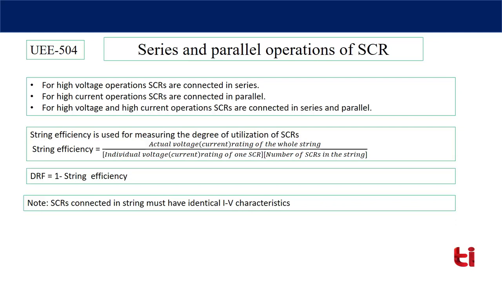That means if you want to increase the reliability of the series or parallel operation of SCRs, then full utilization of the rating of the SCRs will be reduced. That means you will not be able to fully utilize the SCRs. That means if the derating factor is more, then utilization of the SCR will be reduced.